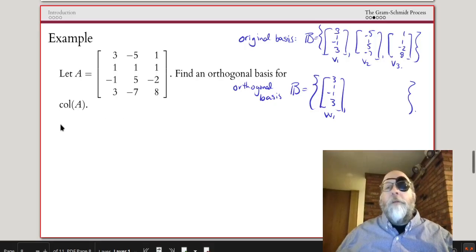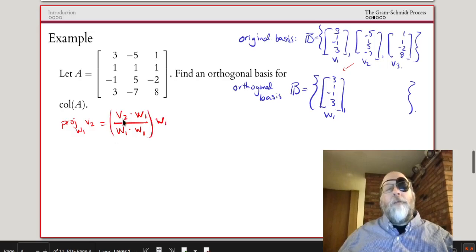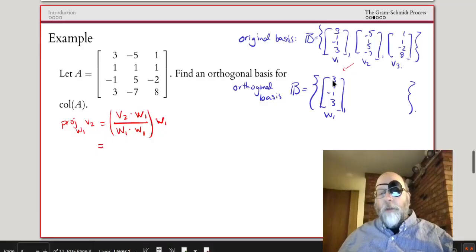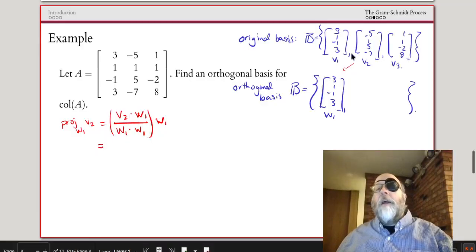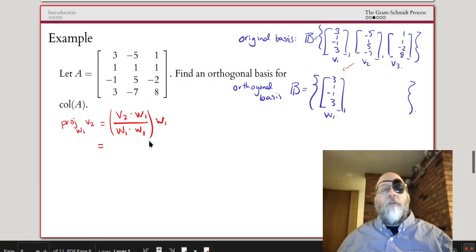All right. So we're going to project v2 onto w1. The projection of v2 onto w1, the formula is the dot product of the two vectors divided by the dot product of w1 with itself times w1 as a vector. So this is coefficient times this vector. So v2 dot w1 is -15 plus 1 minus 5 minus 21, that's -40.